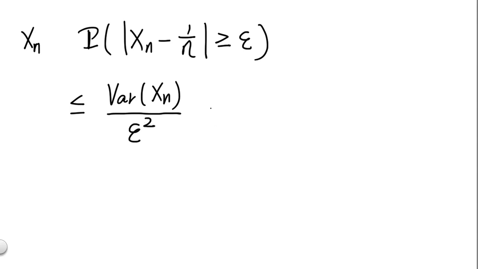Well, in our case, we know the variance is n minus 1 over n squared. Hence, this whole term is this term divided by epsilon squared.